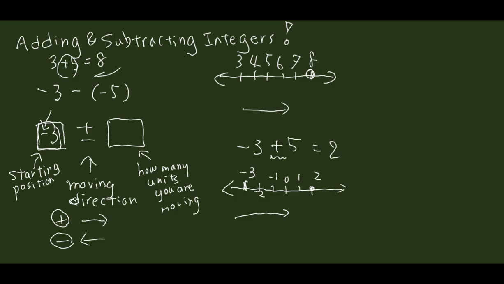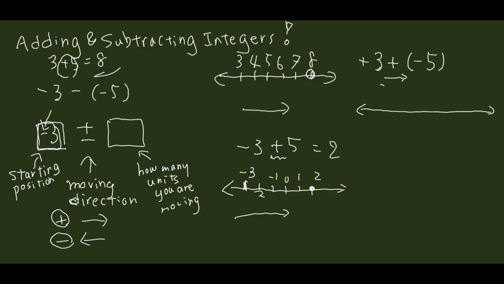Okay. How about if you have +3 plus -5? In that case, it's like saying, hey, let's move to the right, but -5 units. That means you are moving 5 units in the opposite direction because it's a negative. The opposite direction of moving to the right is moving to the left, right?